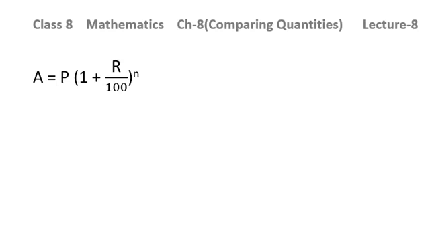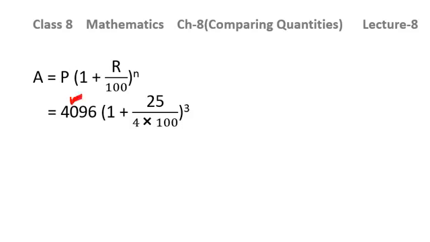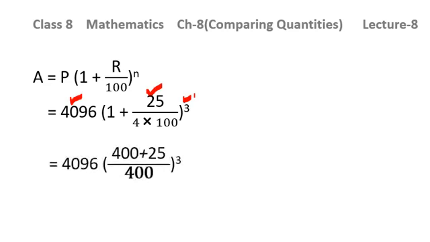So this is the formula we know. Putting the values in this formula, principal is 4,096, rate is 25 over 4 after being divided by 2, and time is 3 half years. It will be 1 plus 25 over 400 raised to the power 3. So you will be solving the bracket. You will be getting 425 over 400 raised to the power 3.